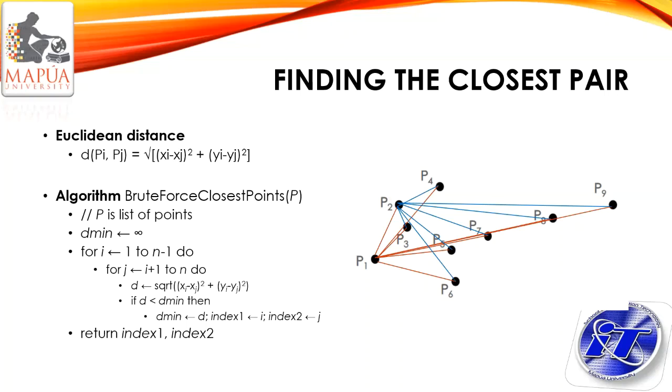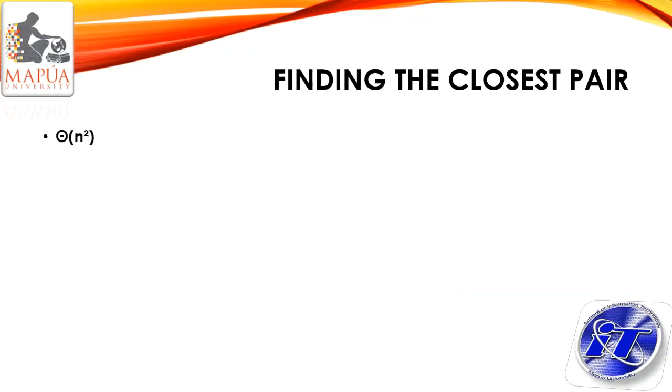So after getting all the pairs, after determining the Euclidean distance between paired points, by getting the smallest distance, that will be the closest pair of points. Okay, so what is the worst case scenario?